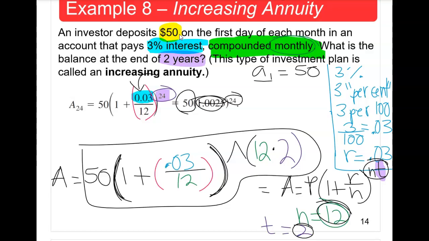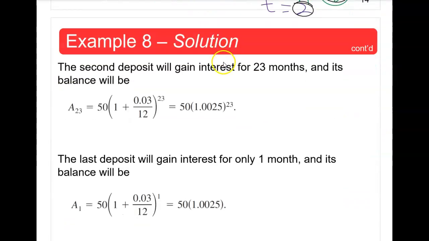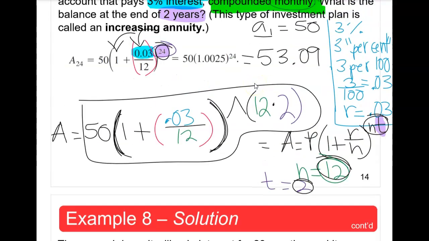You compute this first, then you add the 1, and then you raise that to the 24th power, and then you multiply by 50. And since we are talking about money, I am going to round to the nearest cent, or 2 digits after the decimal, so that will be 53.09.